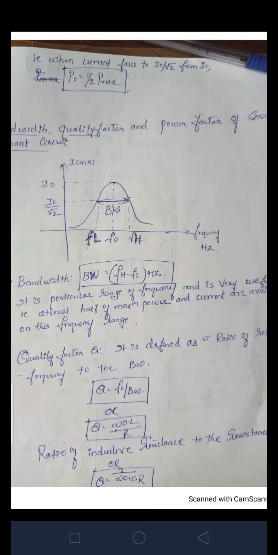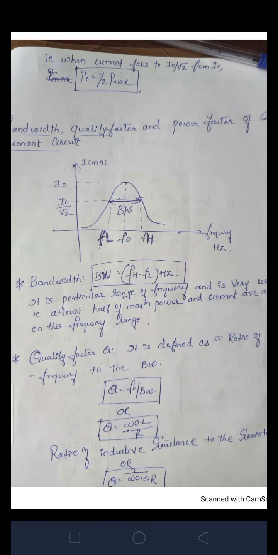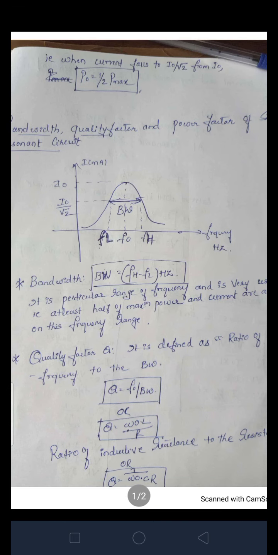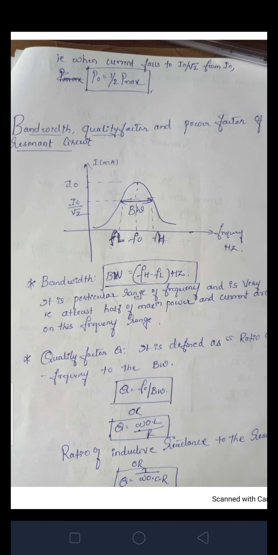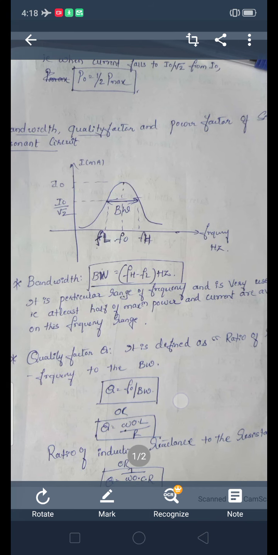Now coming to the quality factor. How do we define quality factor? It is the ratio of resonant frequency F0 to the bandwidth, or you can say it is the ratio of inductive reactance to the resistance of the coil.